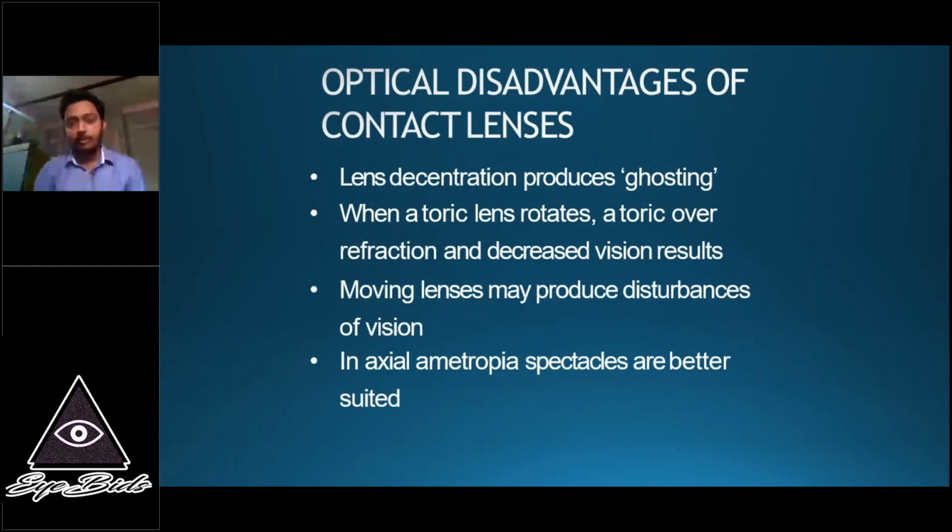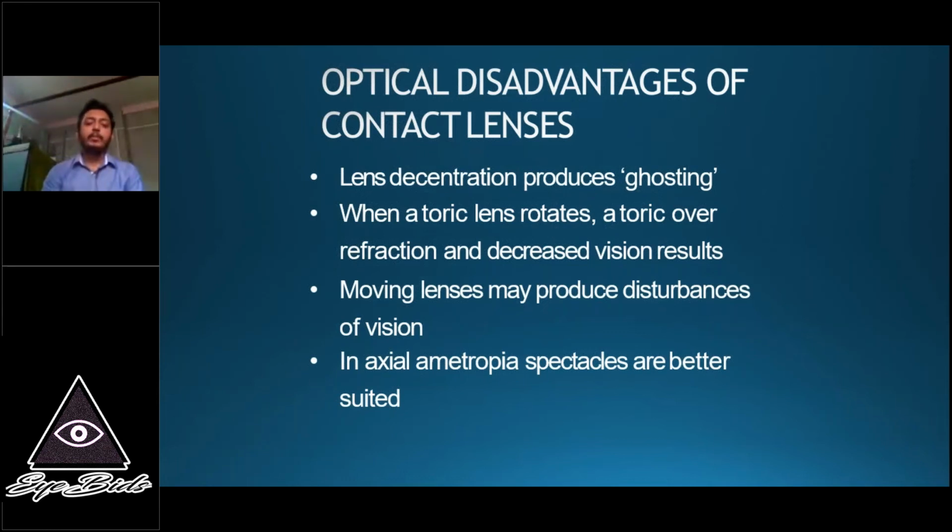may, if you have lens decentration, produce a little bit of ghost images. If you have a toric lens, you have to be very careful about the toric rotation, and moving of the lenses may produce a little bit of disturbance of vision.